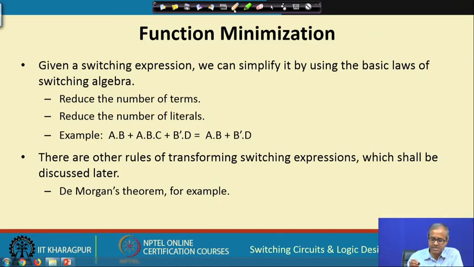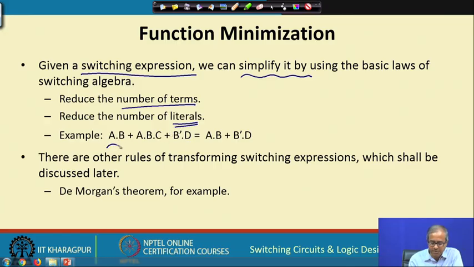What function minimization says is that we have a switching expression, and we want to simplify it. We already know the basic laws, we saw many such laws. When I say simplify, we want to reduce the number of terms, and we also want to reduce the number of literals. Literal means A, B, C, B bar; these are called literals. And a term is A B, A B C, B plus B bar D. There are 3 terms.